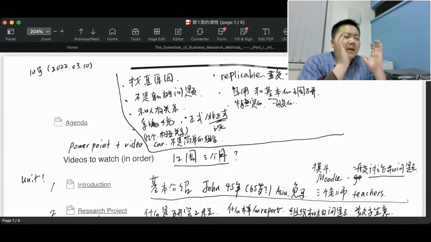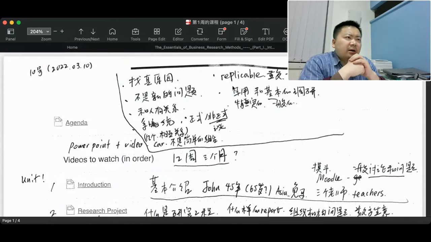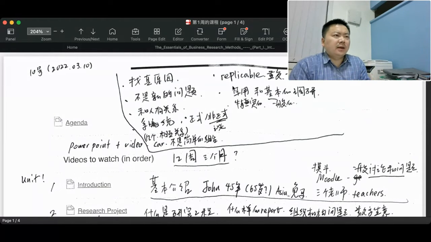And what I have found has to be replicable. Replicable just means that it can be redone and be able to find the same result. So it means it is real, it is true, it is correct.